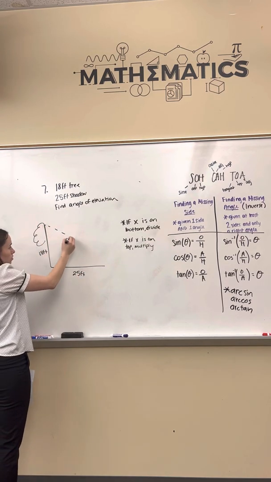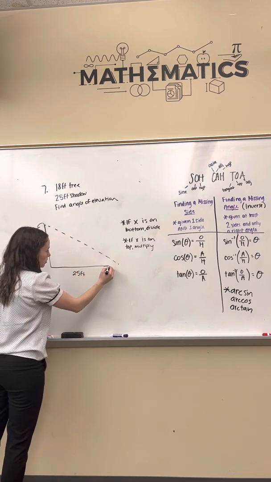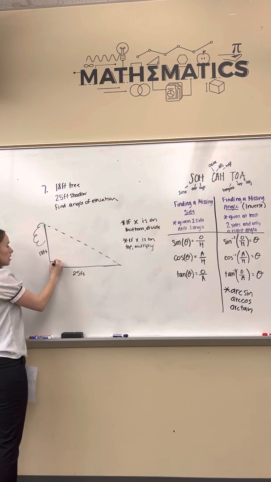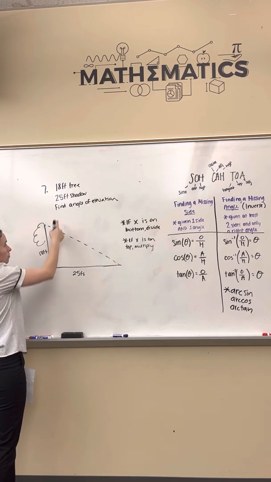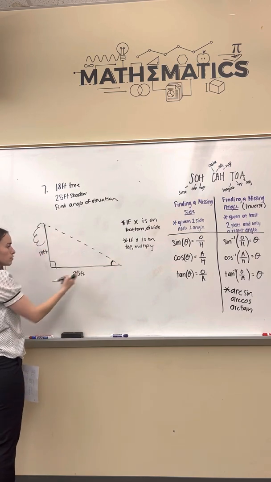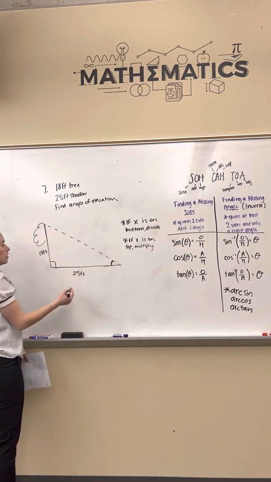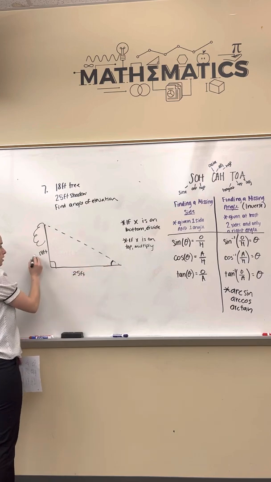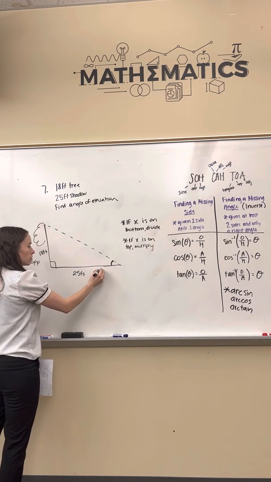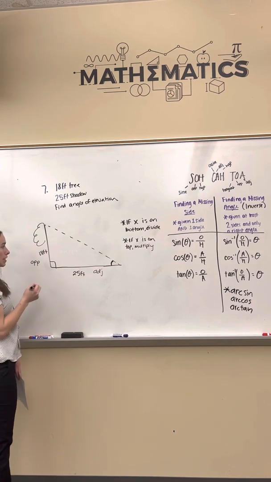And then we want to think about our hypotenuse here, which is invisible, it's in the air. You can draw a whole triangle if you want. So angle of elevation is going to be this bottom angle every single time. It says from the ground to the top of the tree, and from there we're given our opposite and our adjacent, which tells us that we need to use tangent.